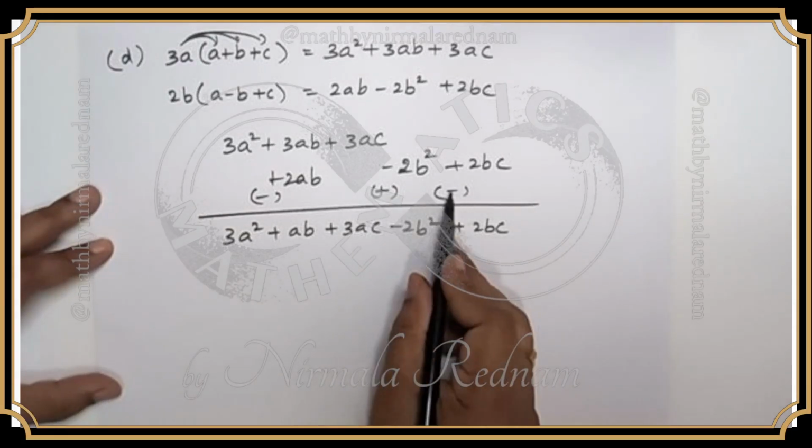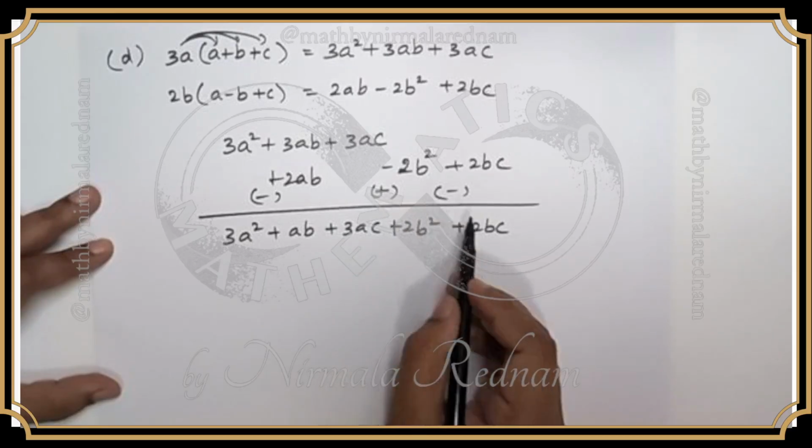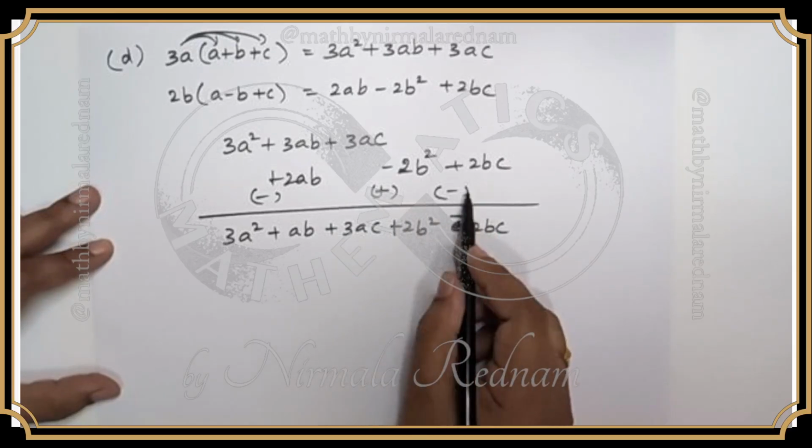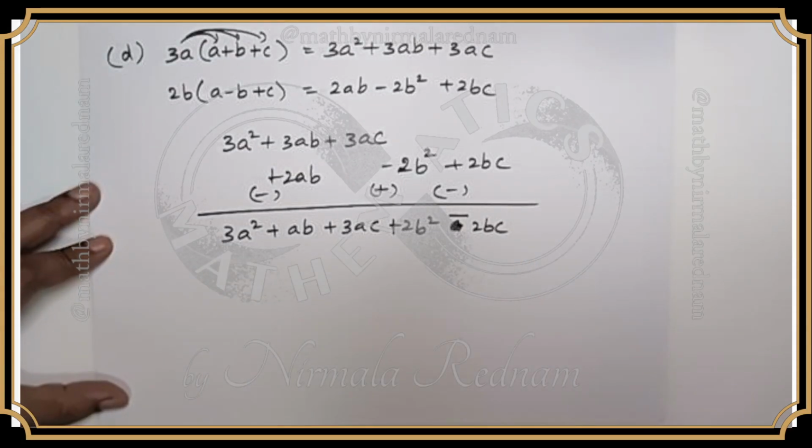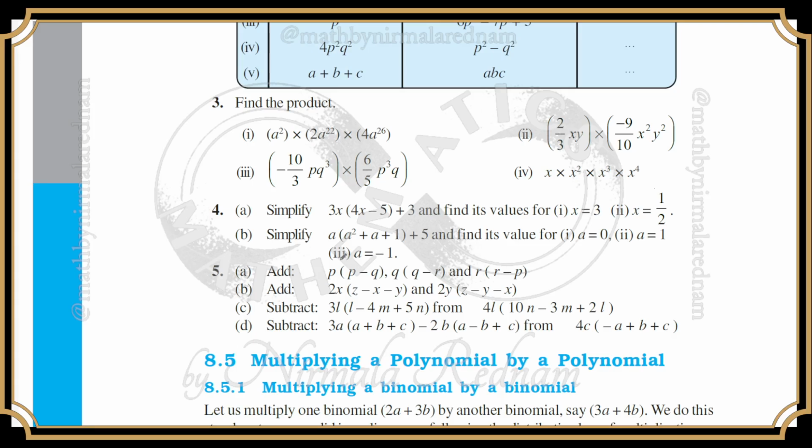So here the sign, I need to take this as plus and this is minus, because I have reversed the signs as it is subtraction. Now this is the expression for the first part of the question. So here this part is what I have solved. Now this has to be subtracted from this. Okay. So first let me simplify this and then we'll subtract it.